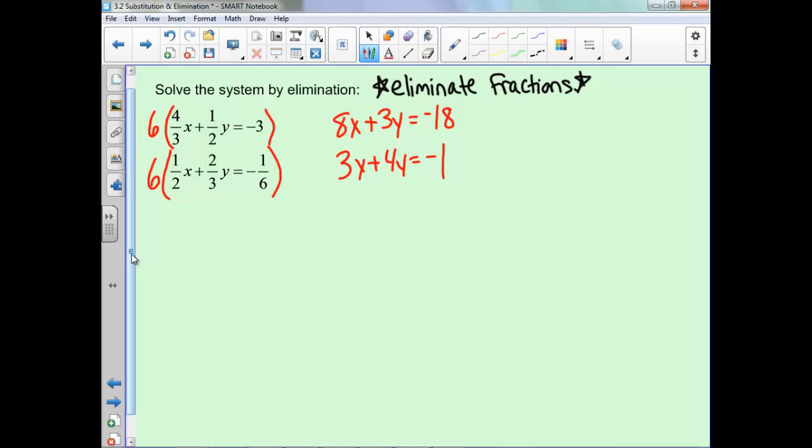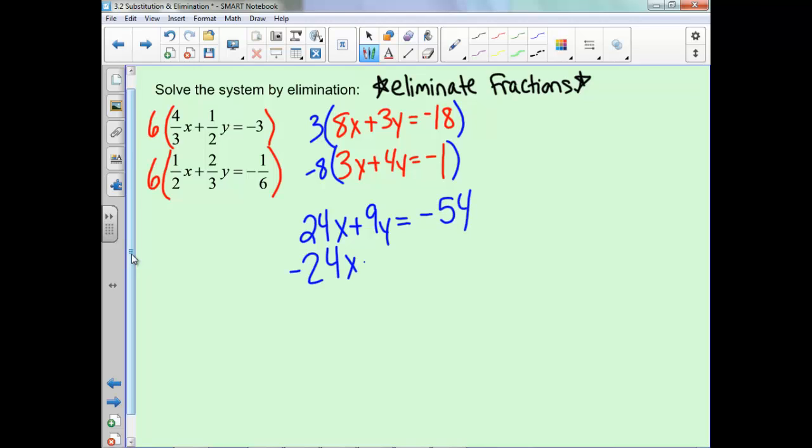And notice we can get our x's to 24. So let's multiply this by 3, and this one by negative 8. And we'll get 24x plus 9y. So we'll have our two equations.